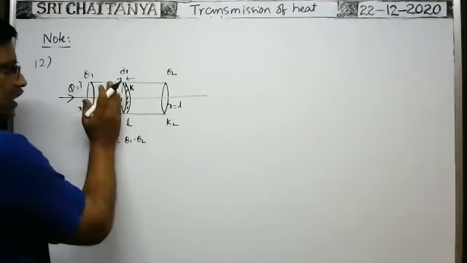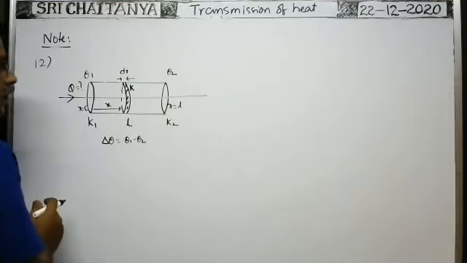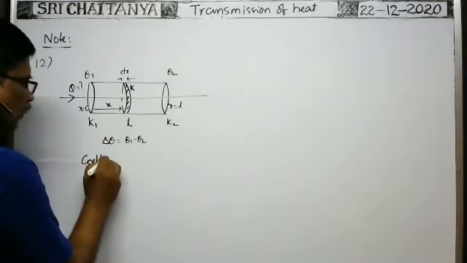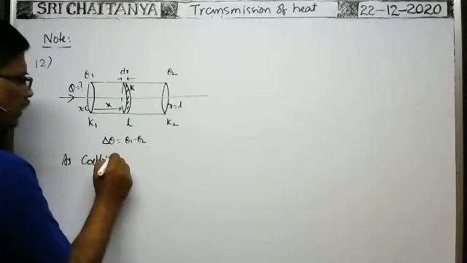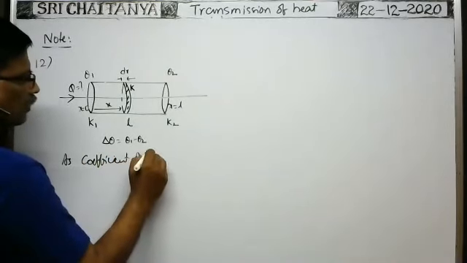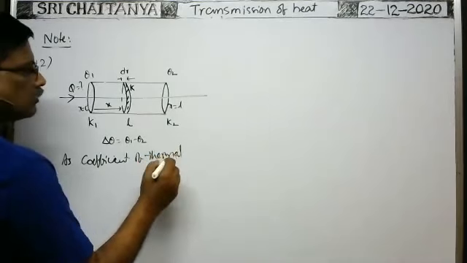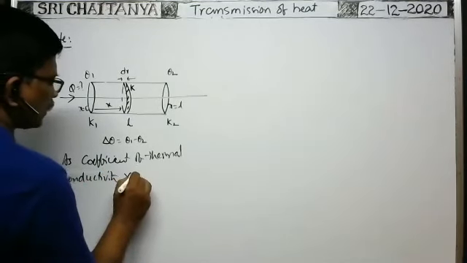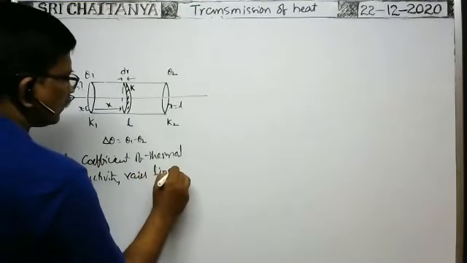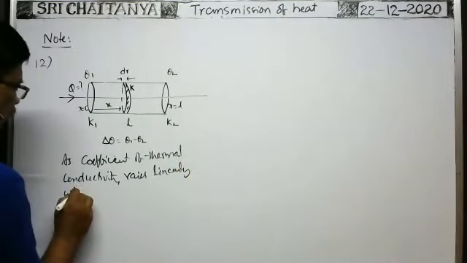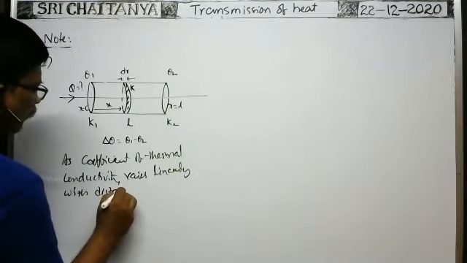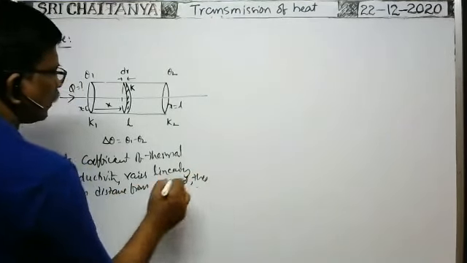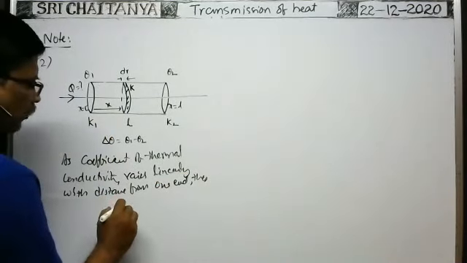Considering the element at distance x from the end, what is its coefficient of thermal conductivity? As the coefficient of thermal conductivity varies linearly with distance from one end, at a distance x we have to find the coefficient of thermal conductivity.